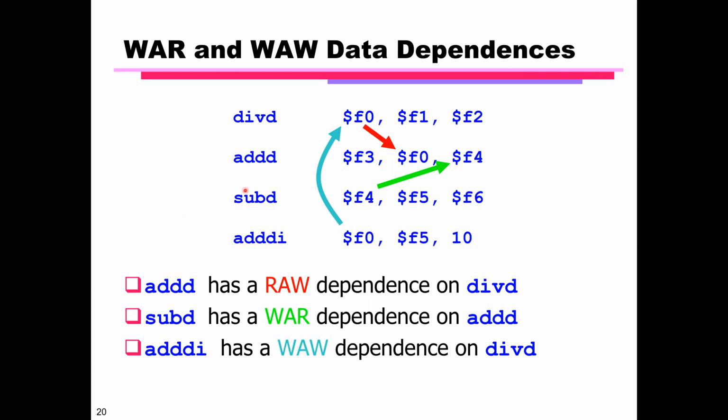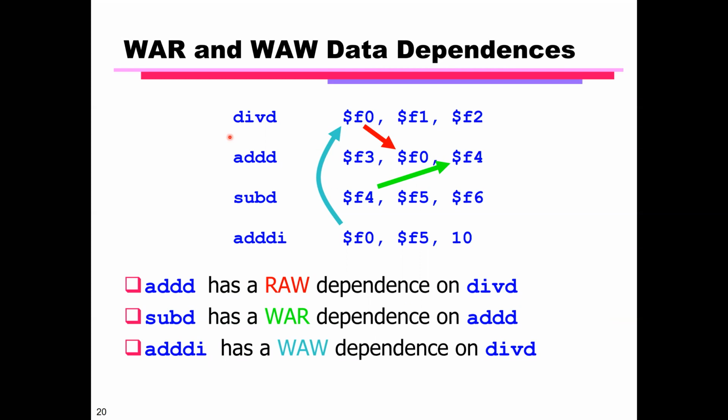If you think of moving this subd instruction in between the divd and the add, advancing it, which is the game that we want to play now, of course, I make a mistake, right? Because I put a new value in F4, and after that, I read the new value instead of the old value, which was what was written here. So it is a dependency.